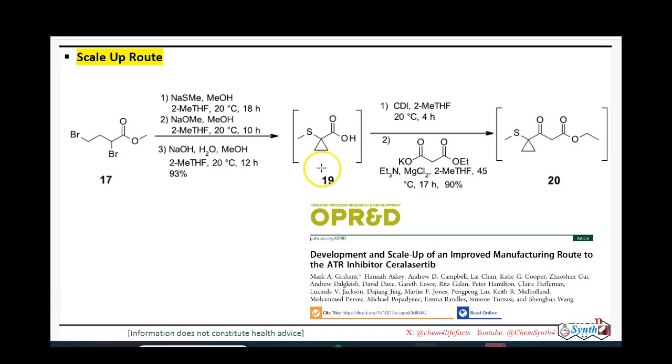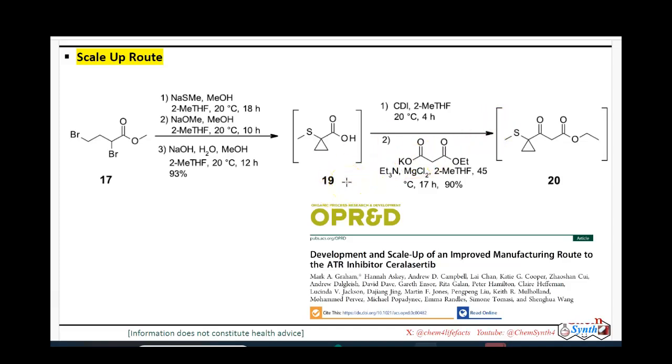Now, as they have used 2-methyl THF as the solvent, no workup was required. They only did the phase separation and telescoped this intermediate 19 for the next reaction.